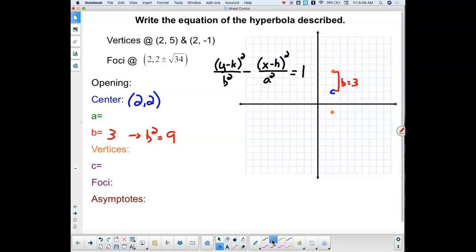Not really, right? So then the next one is the foci. The foci are located up here and down here. So this distance here is c, right? And what is c?